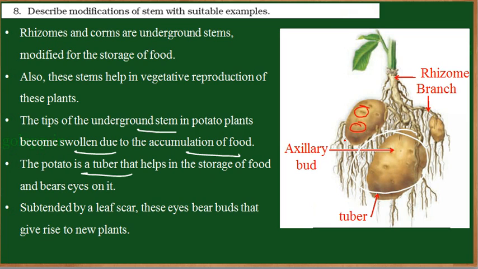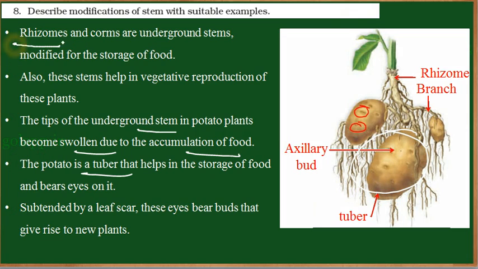So it is a leaf scar, and from here new plants can arise. When these potatoes are kept in moist condition, these eyes or buds give rise to new leaves from which a new plant can be grown.